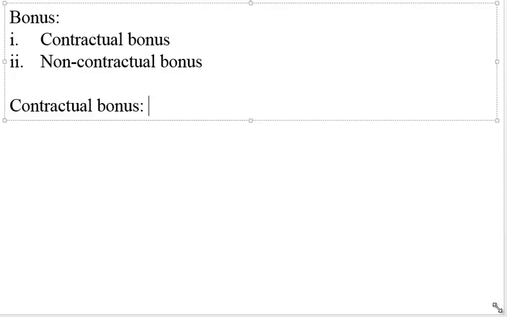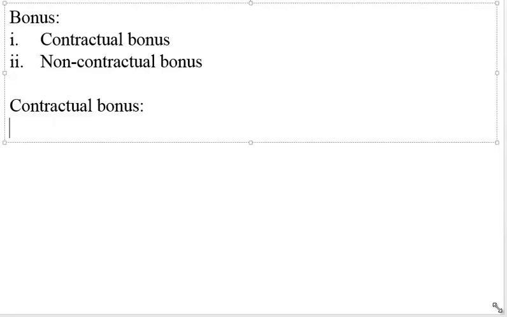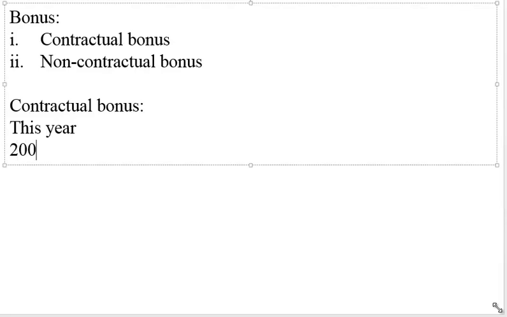So let's say this year is 2016, and my contract says a bonus of 16 months or 13 months salary is due in 2020.